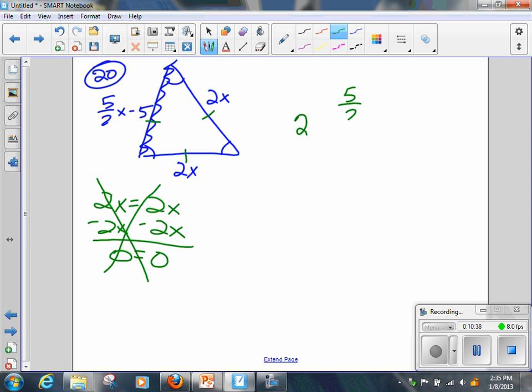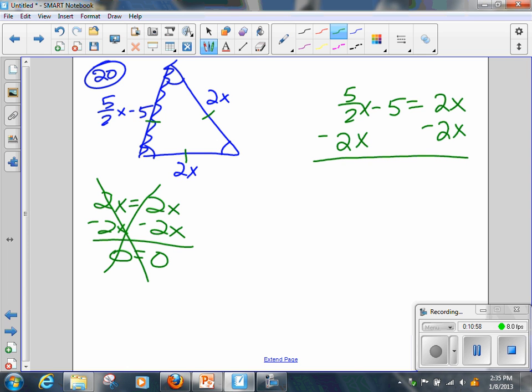5/2 x minus 5 is equal to who, Dennis? To 2x. Isn't that true? Yeah. So watch, I got another fraction. Am I going to freak out? No, we're not.